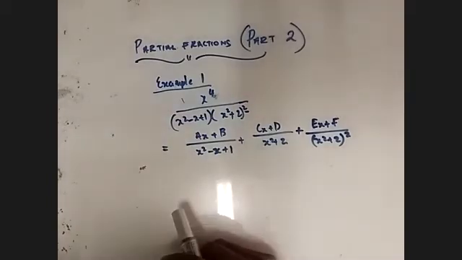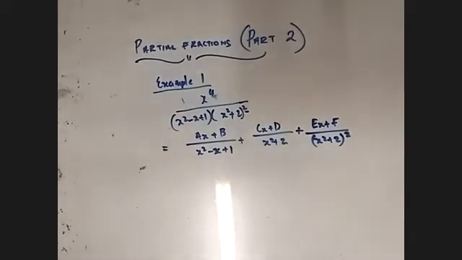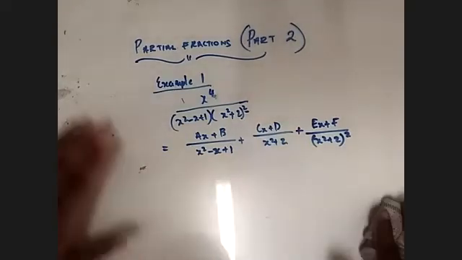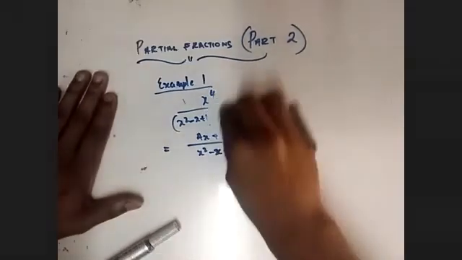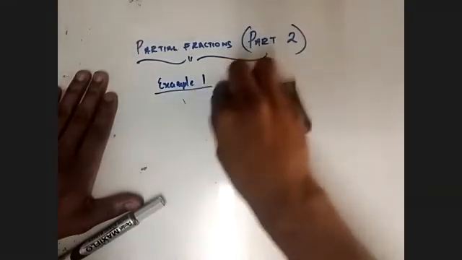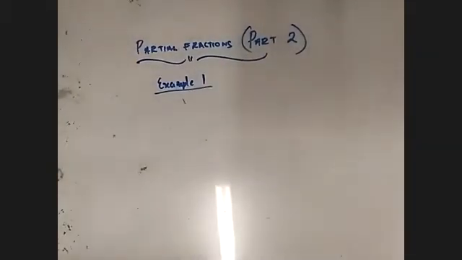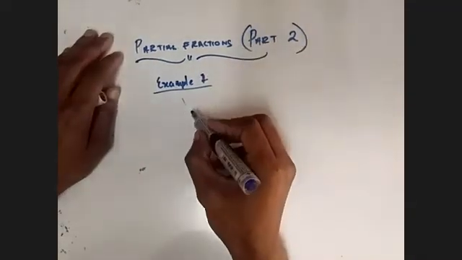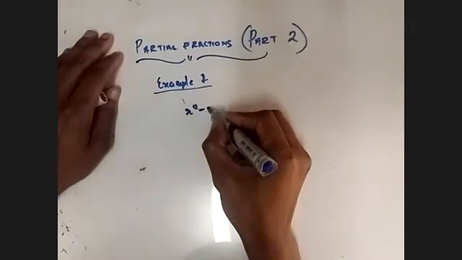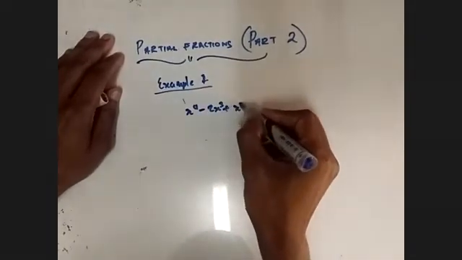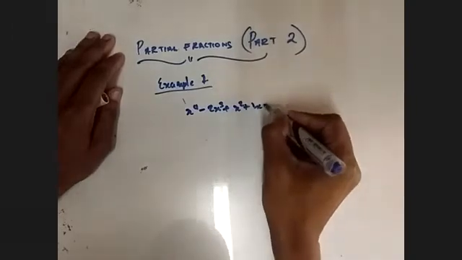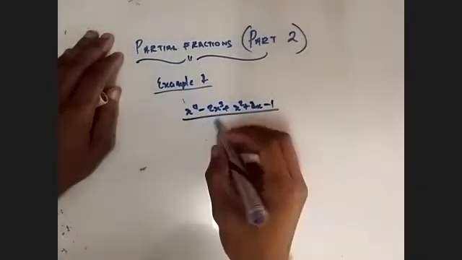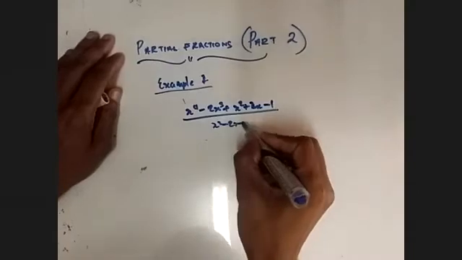Which example did I take? Oh yeah, I took it from the textbook. It was number 4. In the last session, I took this example, which let me call example 2: x to the 4th minus 2x cubed plus x squared plus 2x minus 1, all over x squared minus 2x plus 1.